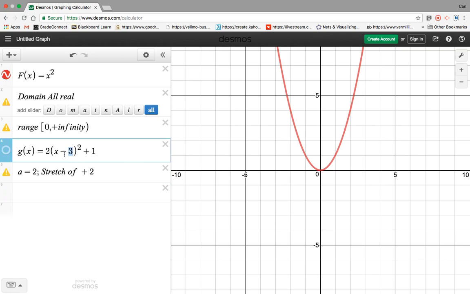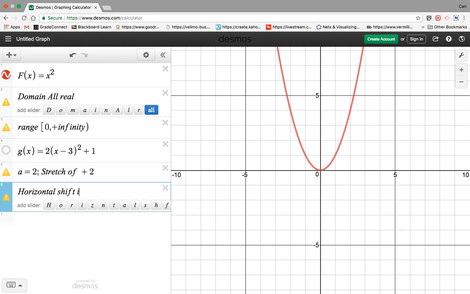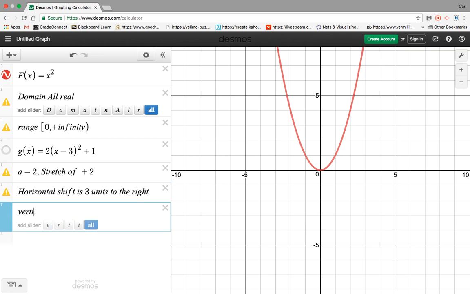I also see that inside the parentheses, the horizontal shift is -3, but in reality, the horizontal shift is adding 3 units, so 3 units to the right. And the vertical shift on the outside, this is adding 1 at the end, so this implies that there's a vertical shift of up 1 unit.